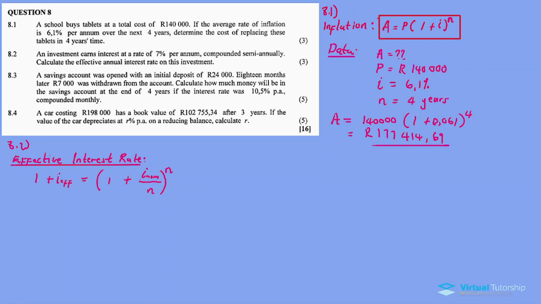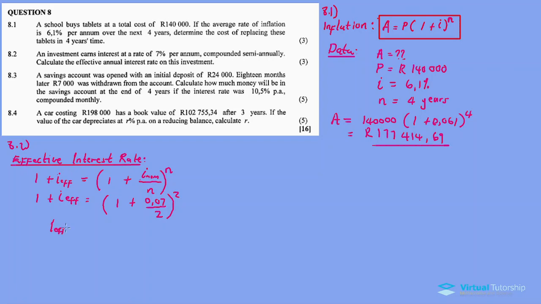Let us substitute: 1 plus the nominal interest rate of 7%, so it's 0.07 divided by 2, since it's semi-annual. If it was quarterly, divide by 4, monthly divide by 12, and so on. So transpose this one to the right-hand side.